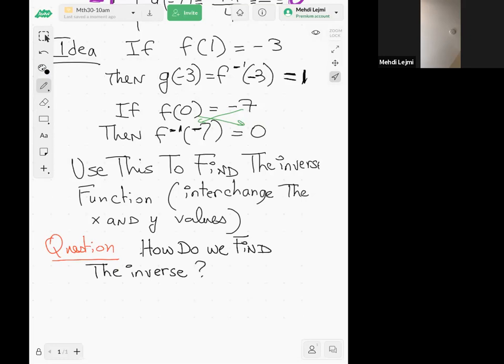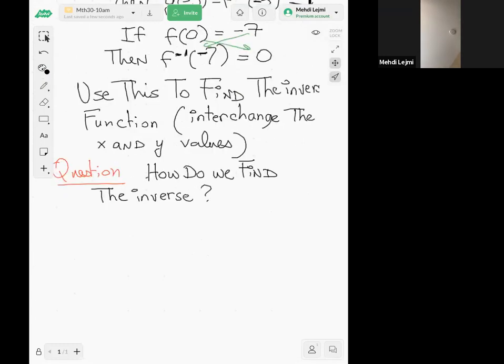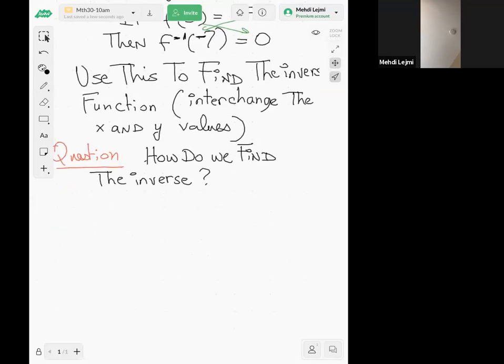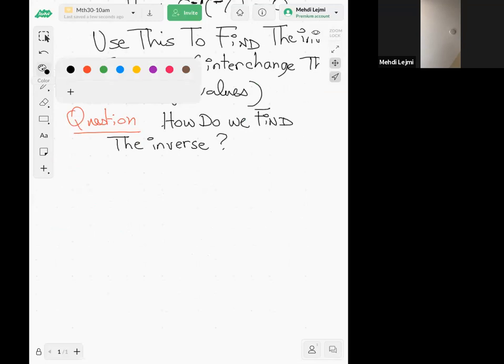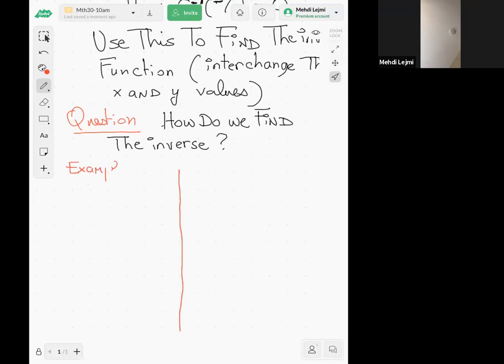Okay, what I'm going to do, guys, is make a table with two columns. In the first column, I'm going to put an example, and in the second column, I'm going to write down the steps.